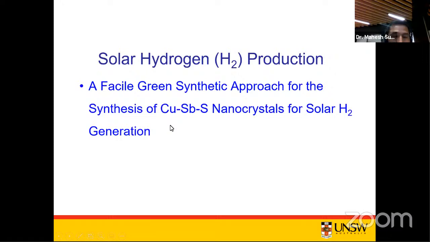So considering this, what we did is demonstrate the use of a deep eutectic solvent, that is ethaline, as a low boiling point, low viscosity and non-toxic solvent for the synthesis of copper antimony sulfide nanocrystals in all four phases.